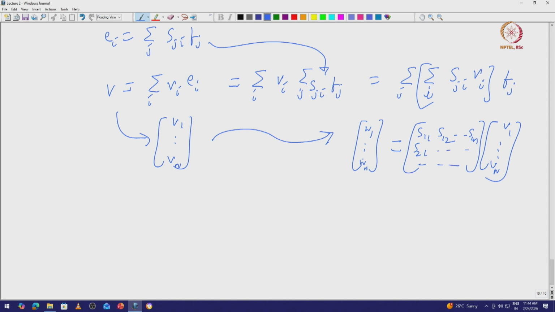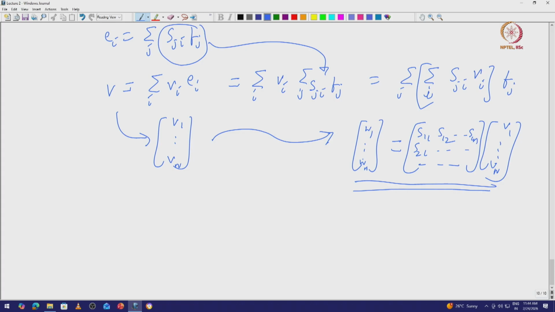That's, by the way, the point of choosing this awkward convention. Naively, you would have written it as S_ij times F_j, but the reason behind writing it as S_ji times F_j is to get this rather pleasant consequence.